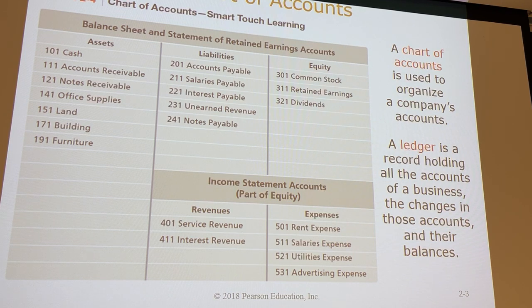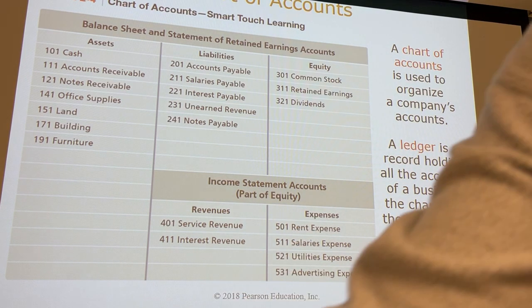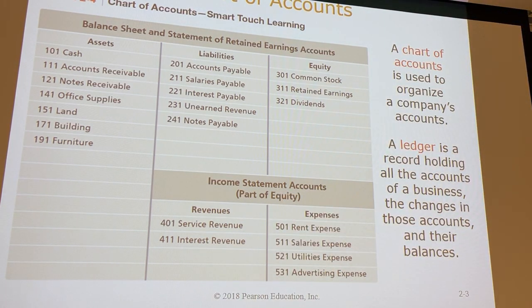So a week or so ago, when I was working with an air conditioning company that I do accounting work with, they were saying they just purchased a forklift truck and they weren't sure what account to put it in. And so we had to look at the chart of accounts to see what account name do they have that would be most appropriate to put a forklift truck in.